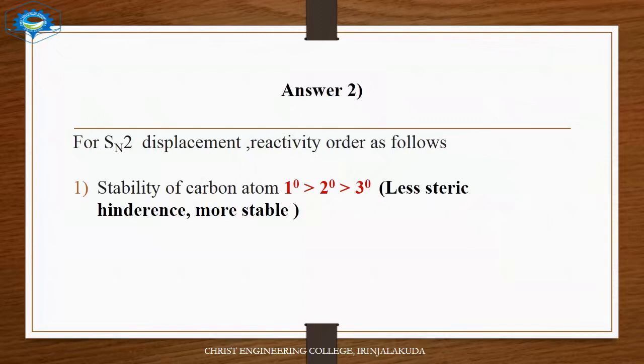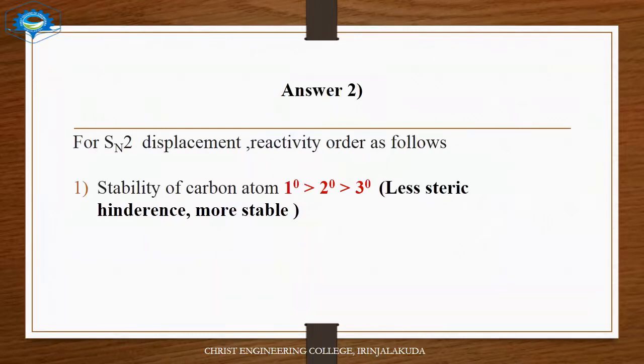As we all know, SN2 nucleophilic displacement reaction takes place in a single step. That is, the nucleophile attacks from the rear side and the leaving group leaves the molecule from the opposite side. In primary, the carbon is connected to one other group, so there is less steric hindrance compared to tertiary and secondary.